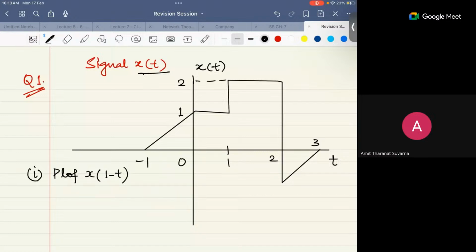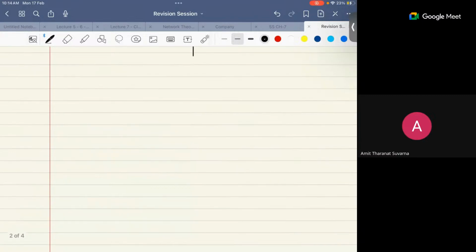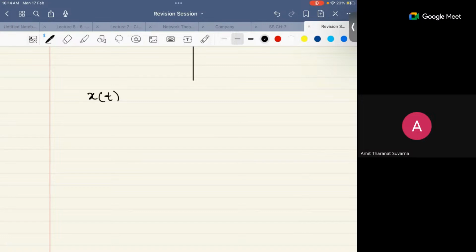How will you plot this? It is the fourth thing that I told you, right? Something like this will be given. So this is the first question, and I'm telling you the four things that I told you, which can work as a revision also. For example, any signal x(t) has been given to you.